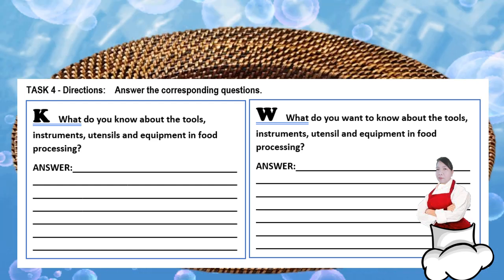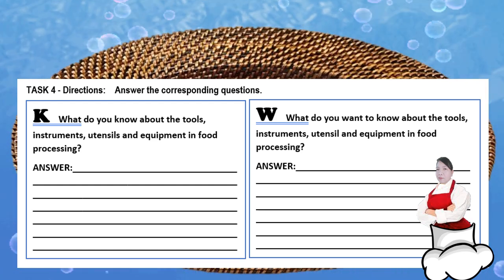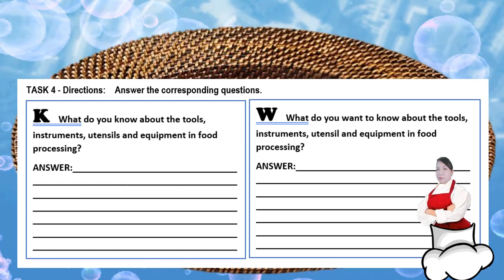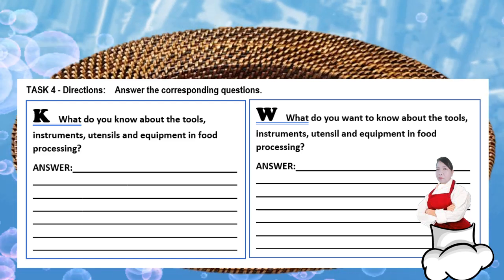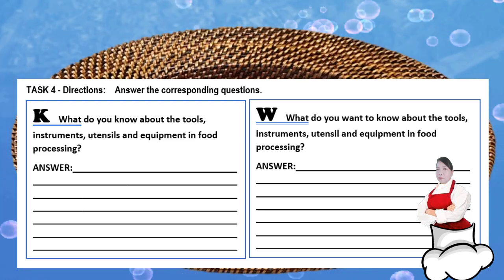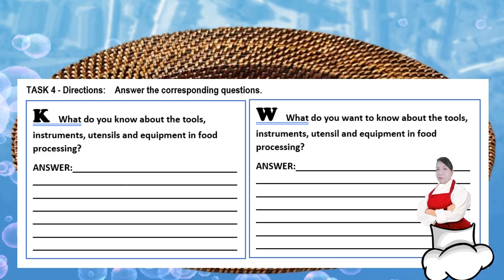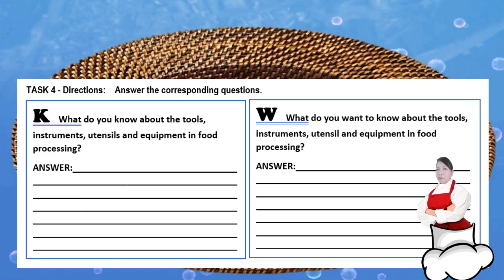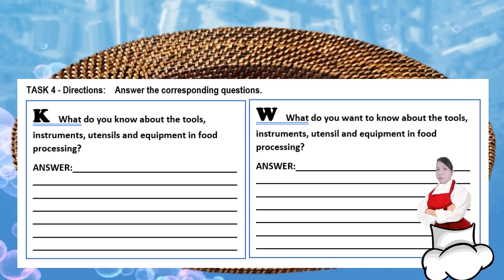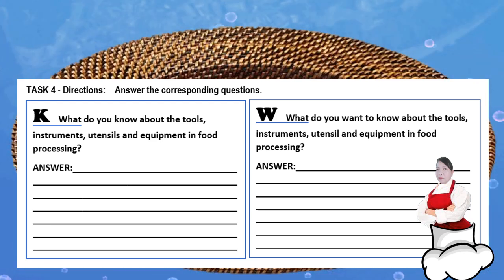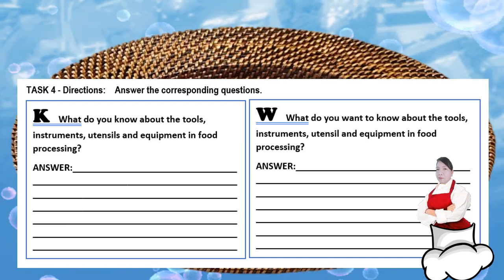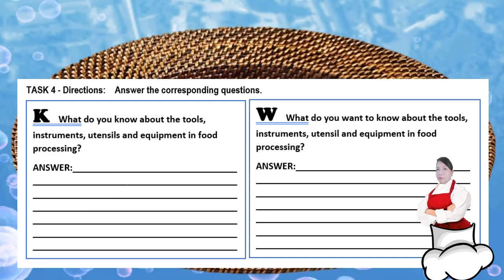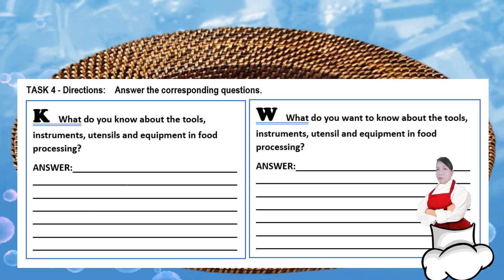For your task number 4, this is a KW activity. You are going to answer the corresponding questions for K and W. For letter K, what do you know about the tools, instruments, utensils, and equipment in food processing?